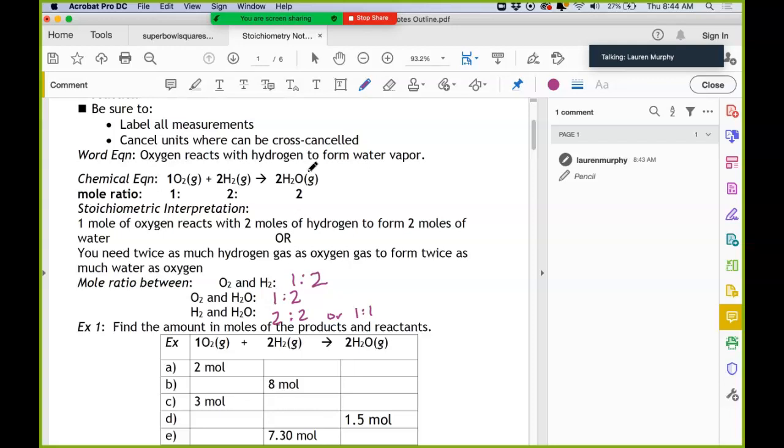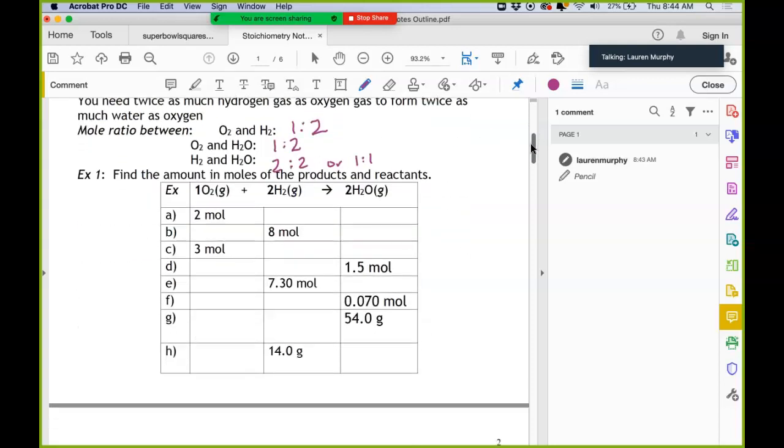So the first way we're going to do this is conceptually, and then we're going to start using word problems. So this chart is saying, okay, this is how they react, and I tell you, in a reaction, I give you 2 moles of oxygen gas. How many moles of hydrogen then are required?